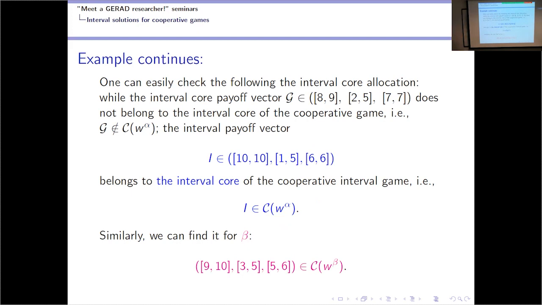This interval vector is an element of core W beta. So we can also compare some other interval vector which is not an element of the core. We can also easily see. So here we are generating only one element.